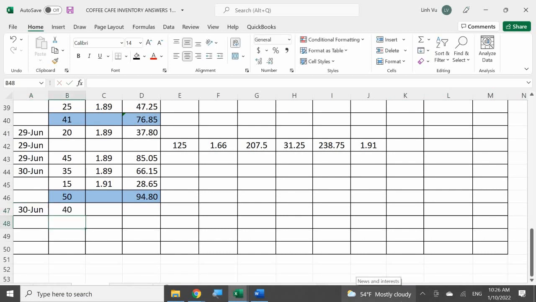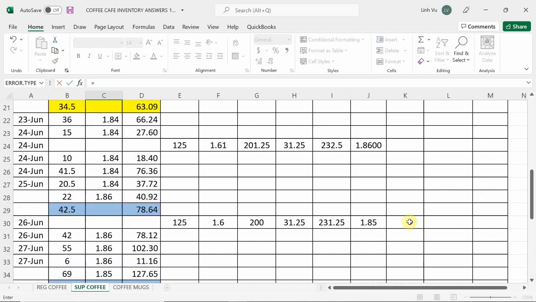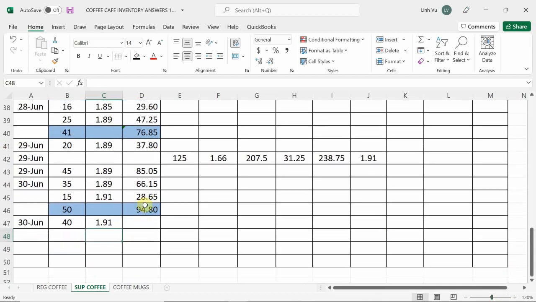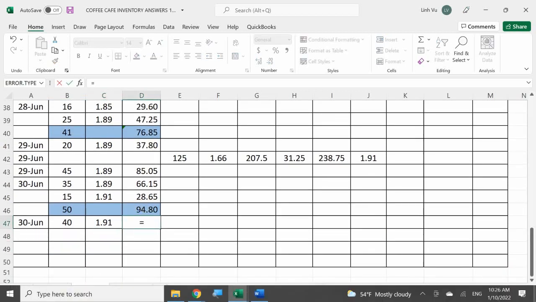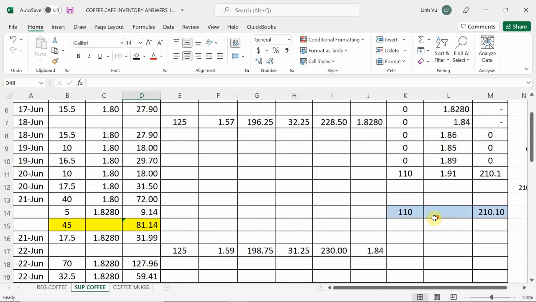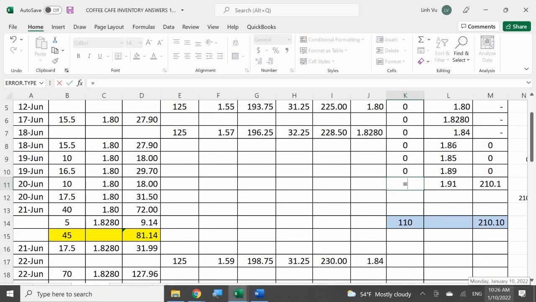We used 40 pounds. At $1.91. How much is the cost of goods sold here? $76.40. Okay, so we have 110 and we used 40 pounds. So you should have a total of 70 pounds left at $133.70.